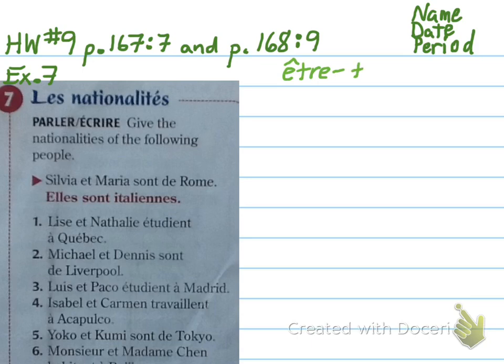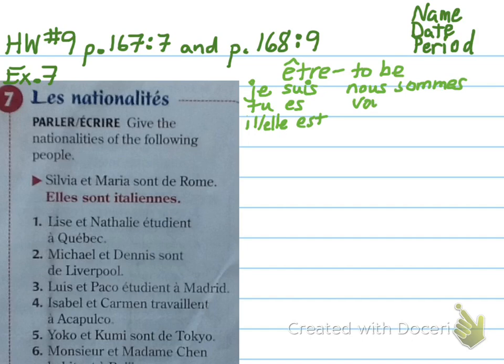which means to be. And our forms of être, remember, are je suis, tu es, il or elle or one person's name, est, nous sommes, vous êtes, and il and elle pluriel, or multiple people's names, sont.